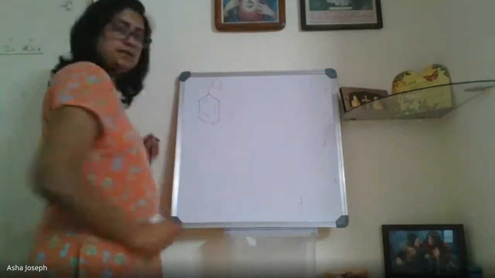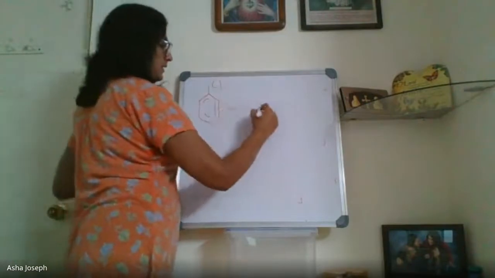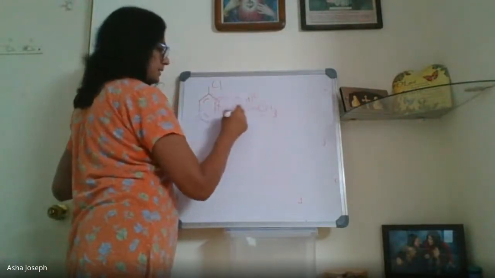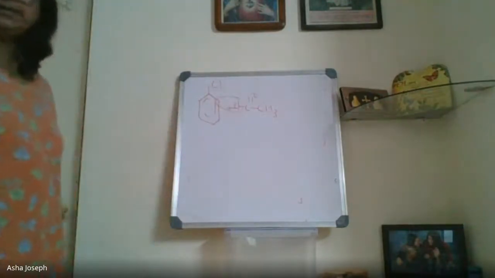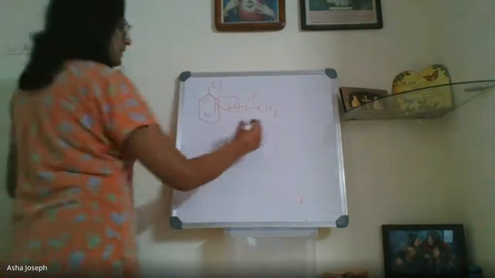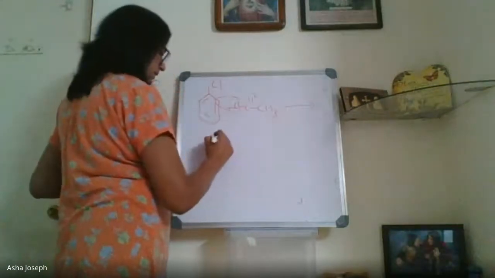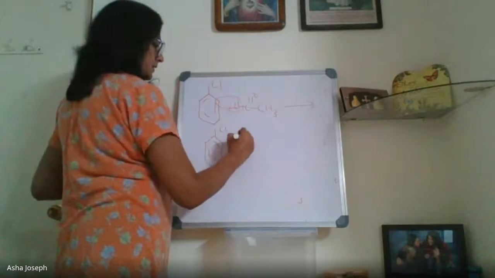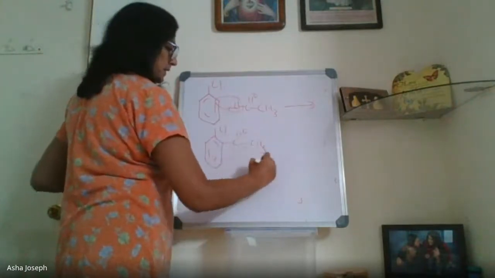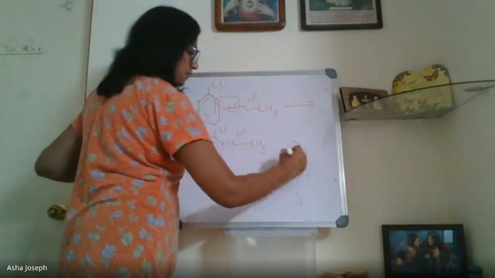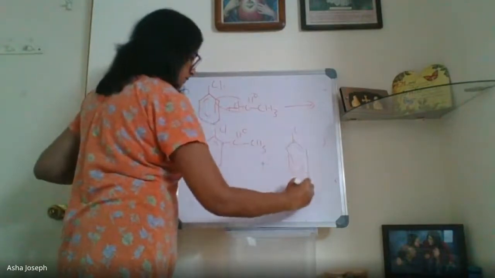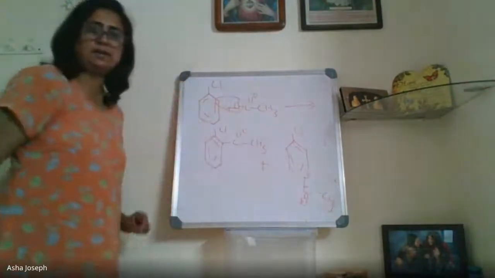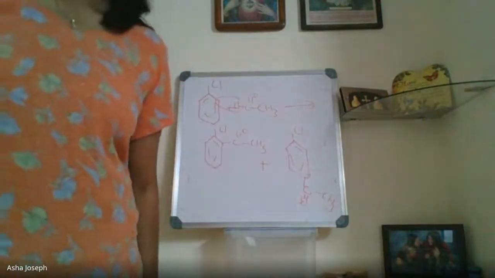This is chlorobenzene and acid chloride, CH3, C double bond O, Cl. So HCl will be eliminated, and that is CH3CO group will go to ortho and para position. COCH3 plus. Next one, this will go to COCH3. Isn't it? This is acylation. Last year you learned this.